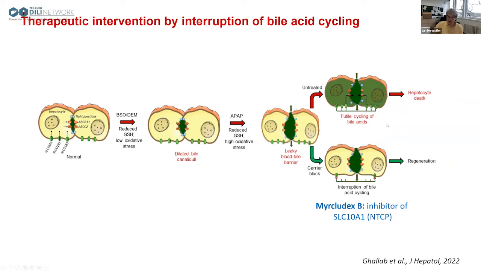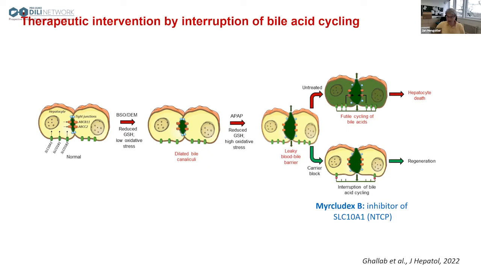And there were already established methods to do this. So the two carrier systems take up bile acids. These are the NTCPs, or SLC10A1, and the OATPs. By the way, in human, this is almost exclusively the NTCPs, but in mice, both systems take up bile acids.